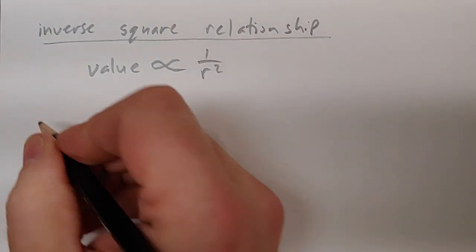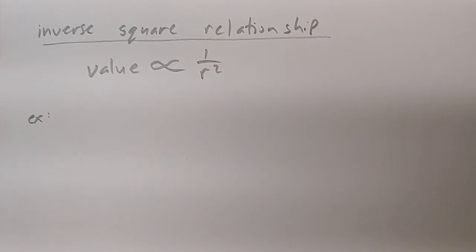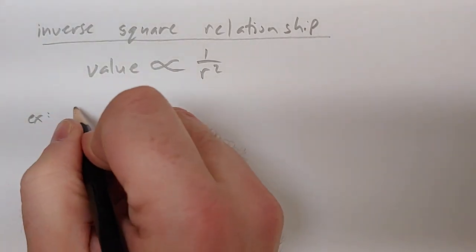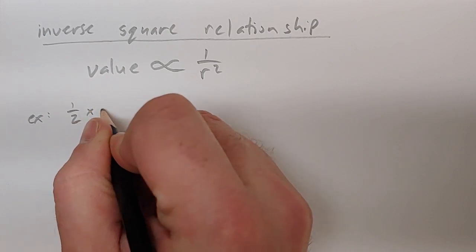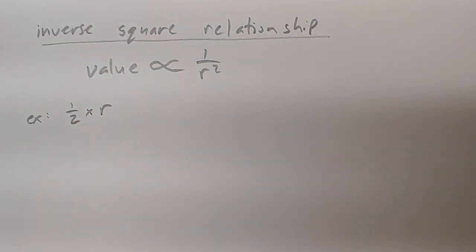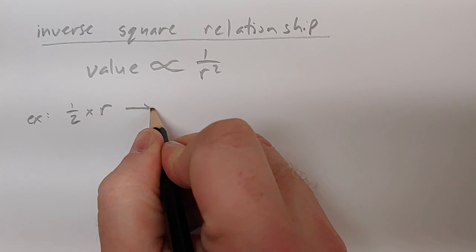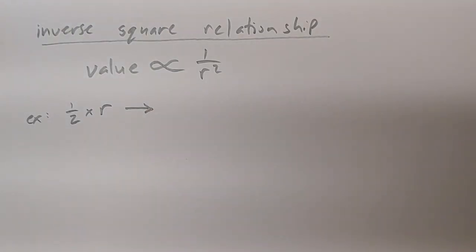So for example, if we have 1/2 of the radius, then the result of that, if there's an inverse square relationship, is like moving the paper twice as close to the spray can.